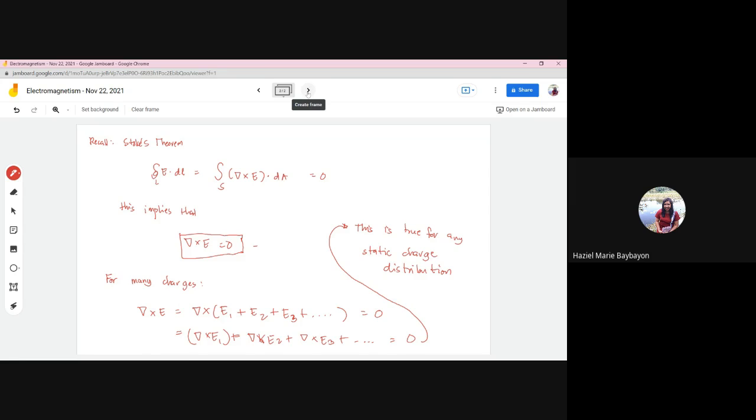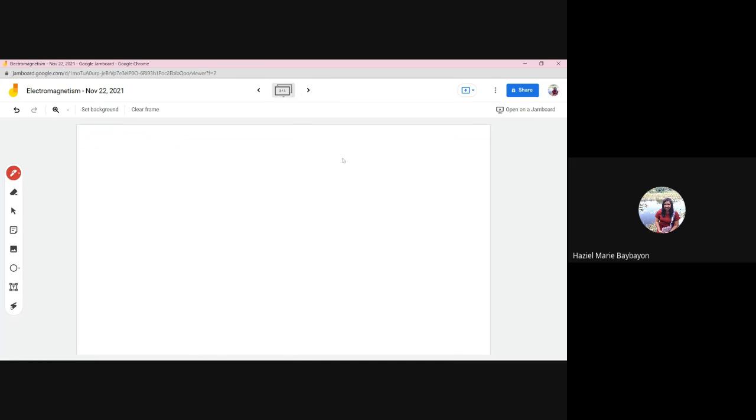Now, we go to electric potential. So the electric potential has something to do with the curl of E. The electric potential is denoted by big letter V. The electric potential is a scalar quantity.